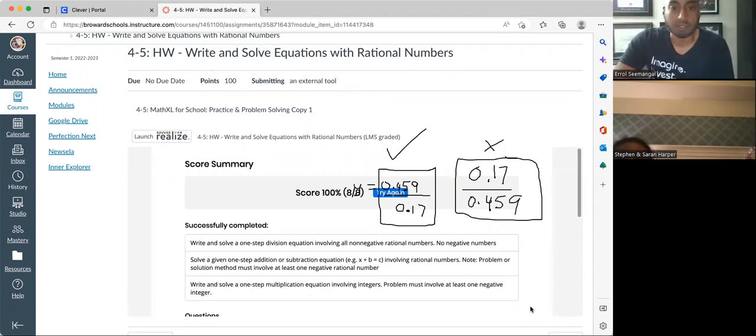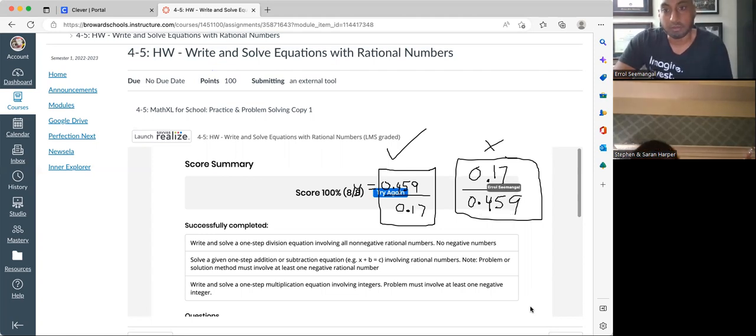Either way you divide it, you'll still get some crazy decimal number. You would have to make a lot of space for 0.459 to go into 0.17, so that means it's a very small number.